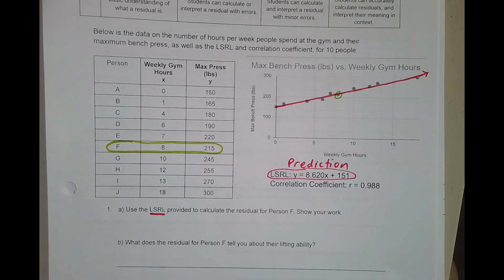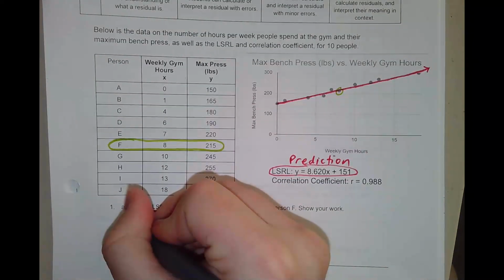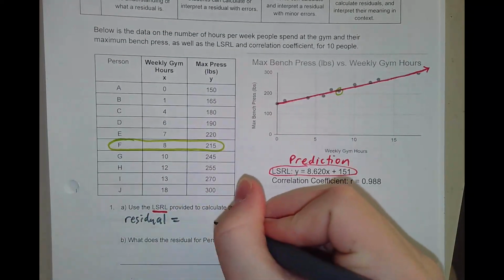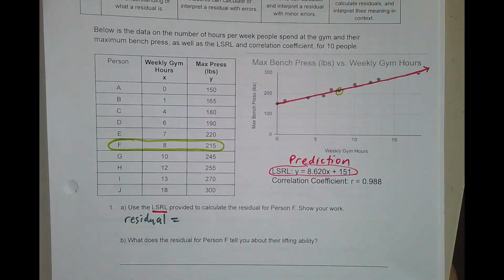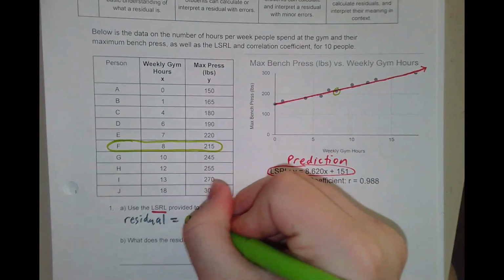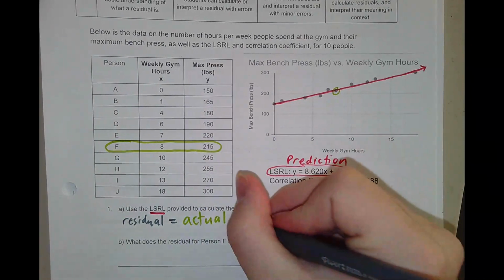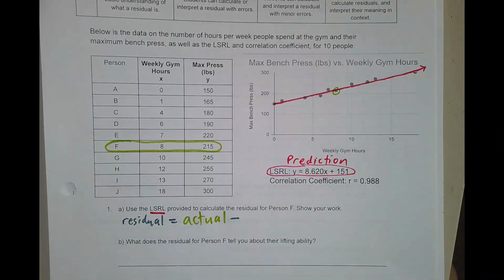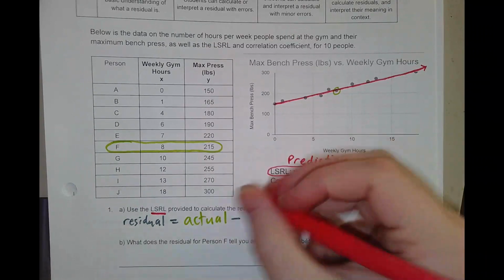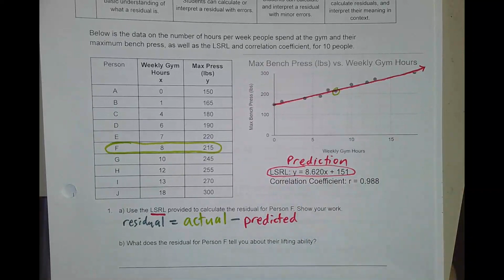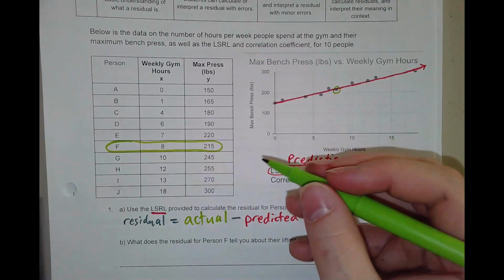For the residual equals actual minus predicted. What's the actual value for person F?